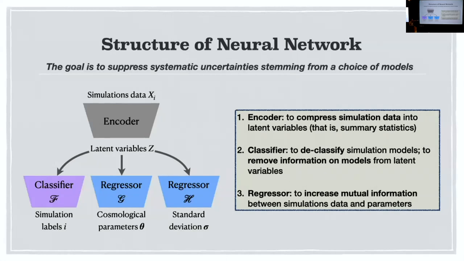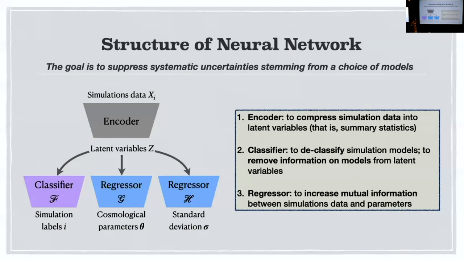We also have a classifier. We use the classifier to declassify the simulations, which means getting rid of some information about the models, so that the latent variables have nothing about the models.